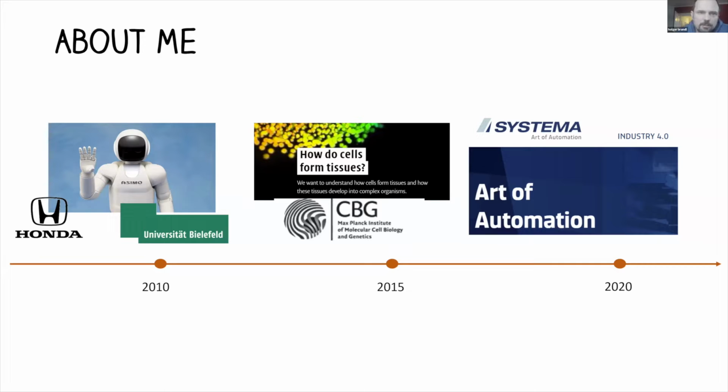So I joined the Max Planck Society in Germany and studied for, I think, almost 10 years, the very exciting question of how cells form tissues. And later, in 2019, I joined a company called SYSTEMA. So I joined industry, where we deal with process automation, in particular in manufacturing.